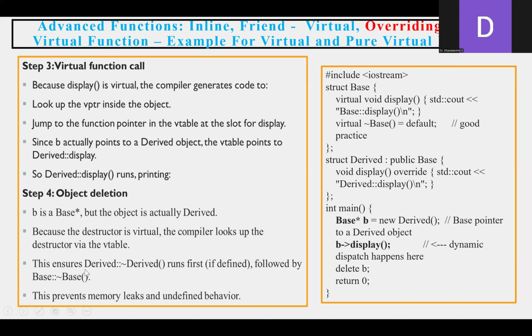So the derived destructor runs first if defined, followed by the base. This is how it prevents memory leaks and undefined behavior. If you want, I will repeat. Because of this virtual destructor, the derived object is safely destroyed, so it prevents resource leaks.